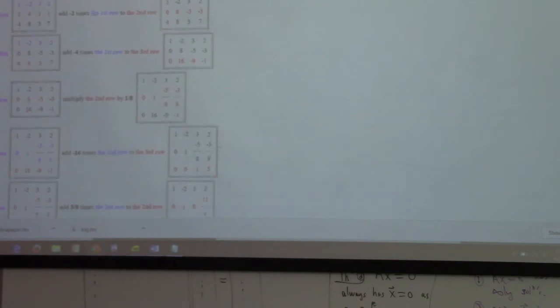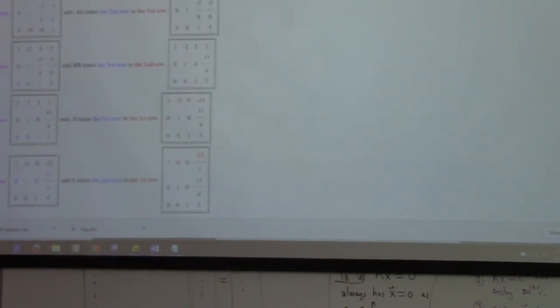Here's the solution, if it exists. Does it exist? It exists. Woohoo! X equals minus 15/2, y equals 11/4, and z equals 5. And there's the row operations and the Gaussian elimination that you needed to do to get to it. Right. Now, you guys can use MATLAB, Mathematica, Wolfram Alpha, whatever. It's fine. All right. So enough about that.